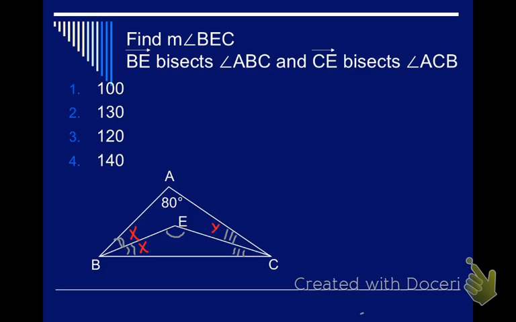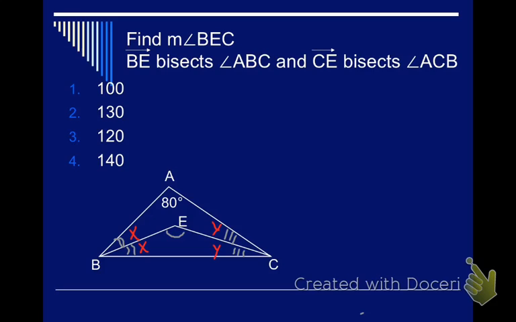Now angle ACB is cut in half and bisected, so we'll call ACE measurement y, and ECB also has a measurement of y, because those angles are bisected.